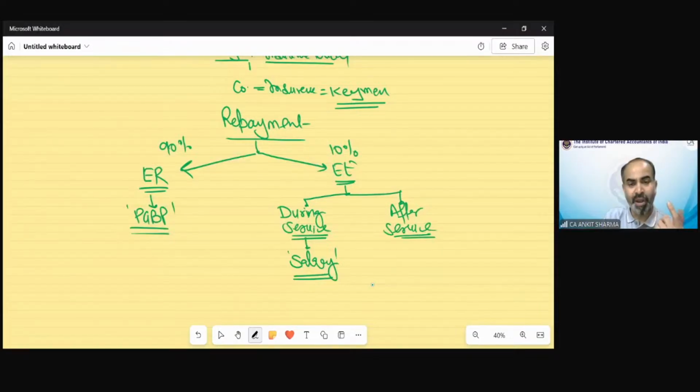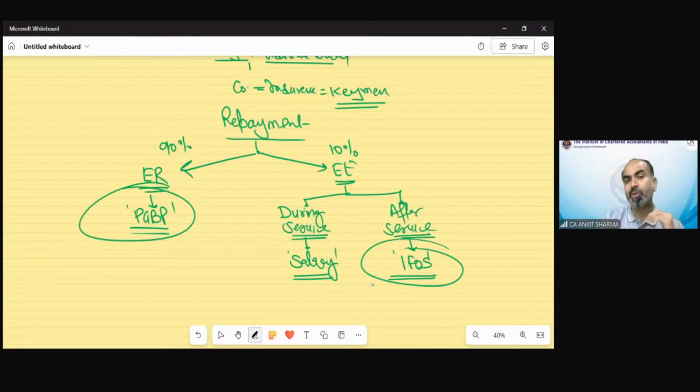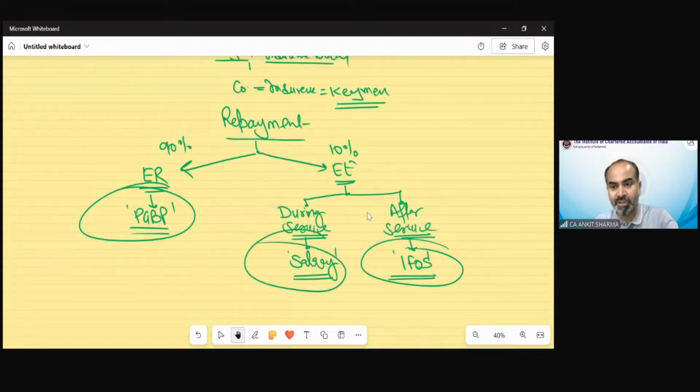If it is received after service by the employee, that is going to be taxed under income from other sources. So if received by the employer, taxability would be under PGBP. The amount received by the employee during service, taxability under salary. And if it is after service, that is going to be taxed under income from other sources. Clear?